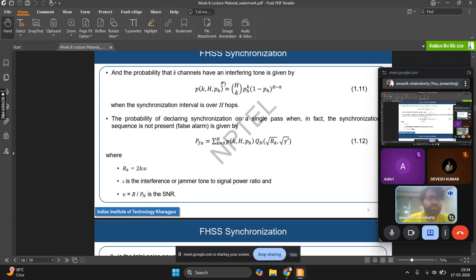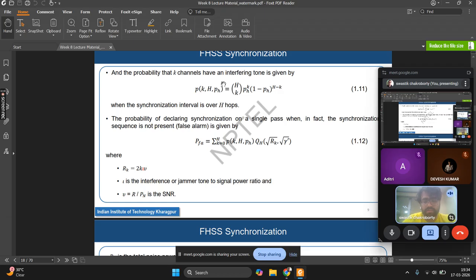Now the probability of false alarm, as you might know, is a very important metric in designing this kind of receiver. The probability of false alarm is usually specified to be a particular value, and all other design parameters are chosen around it, because a false alarm is very concerning for a system and it should be avoided to the maximum extent.